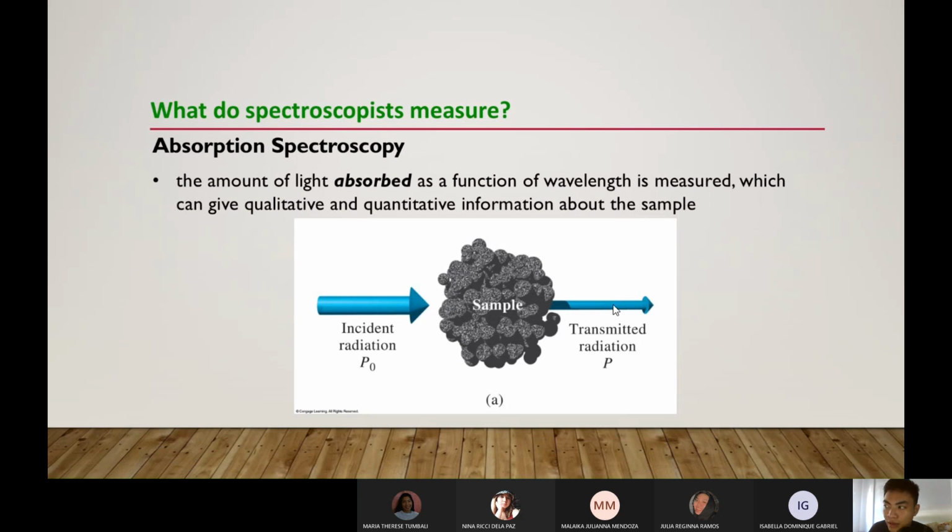Depending on how much is left after the transmission, by comparing this with that, you can get the concentration of your sample. That means the more highly colored your material is, the higher the concentration. When it's highly colored, what happens?